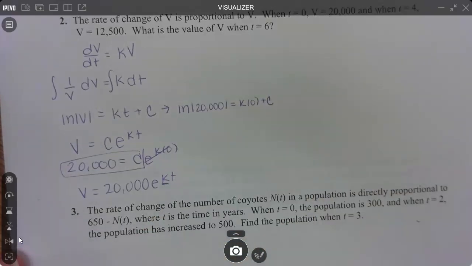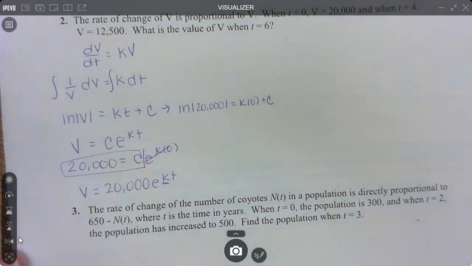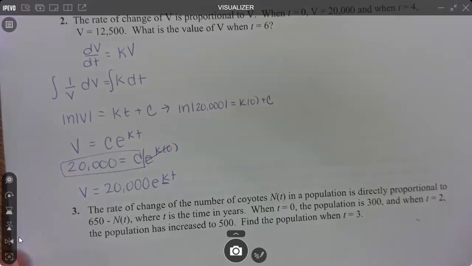Now we're going to go about finding K using the 4 and the 12,500.